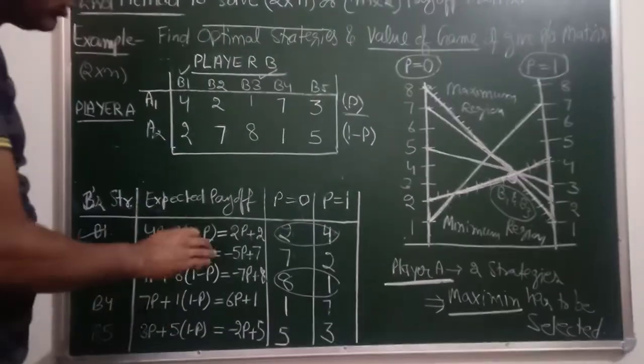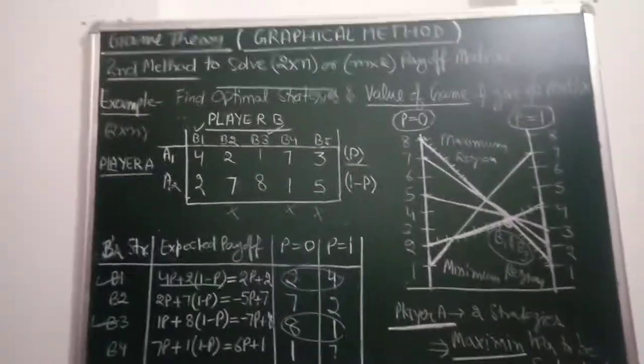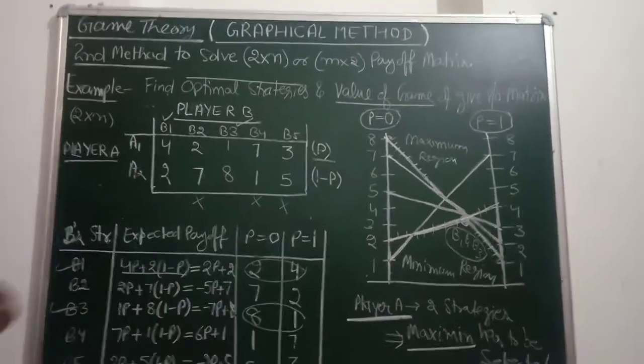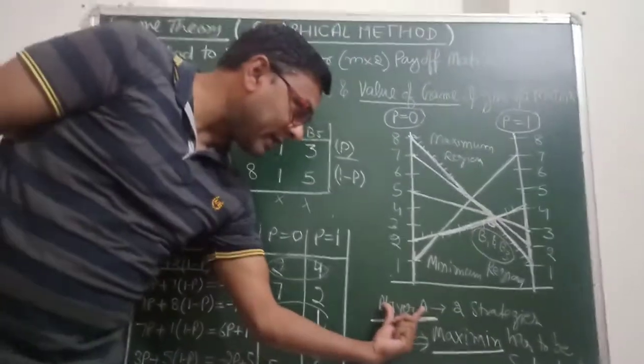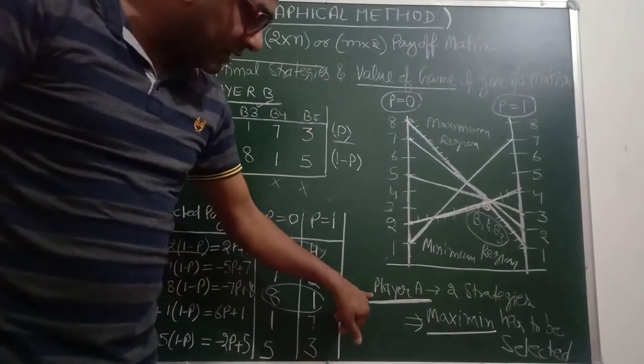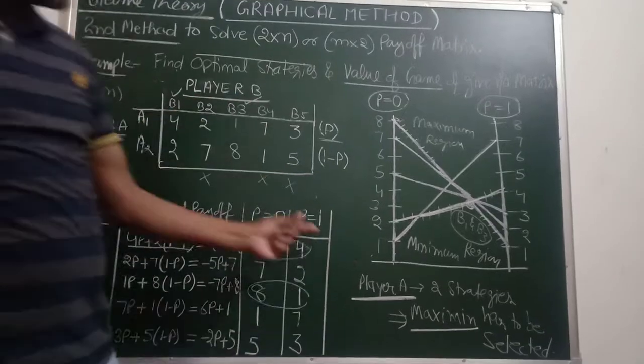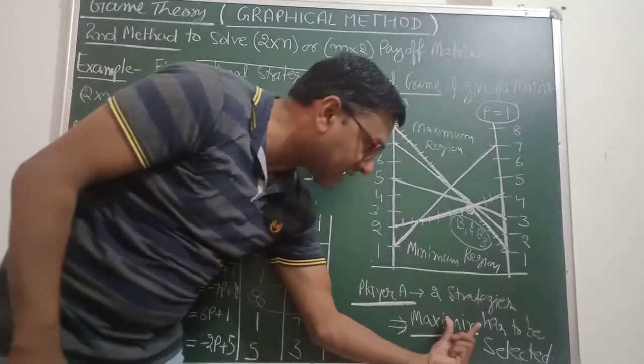He will not try to use B2, B4 and B5. Then please notice one important thing here: if you have been given that player B is having two strategies only, then you have to use the minimax principle.